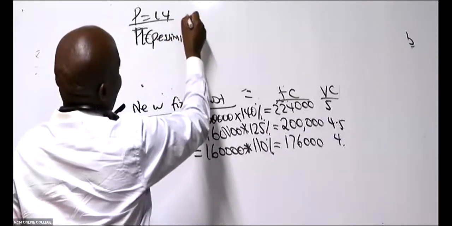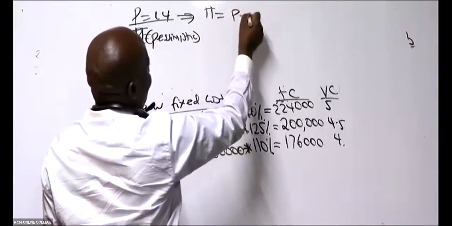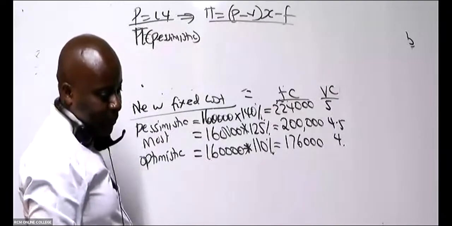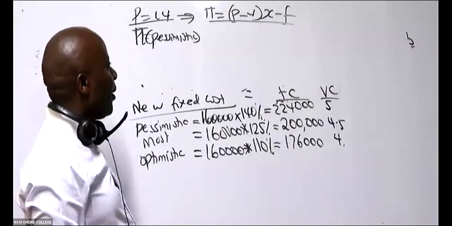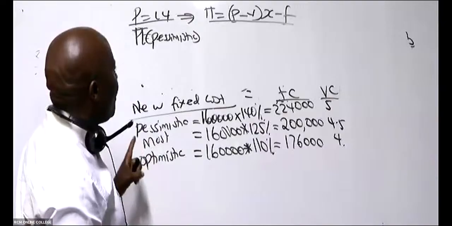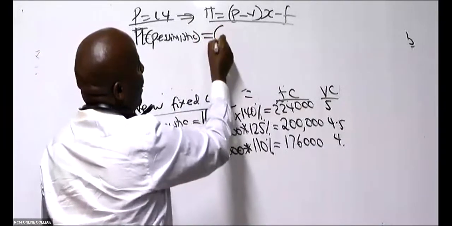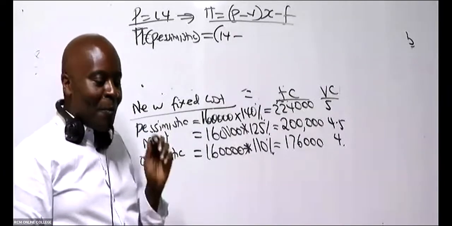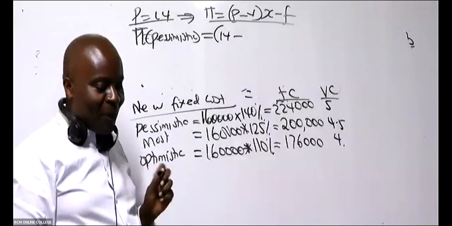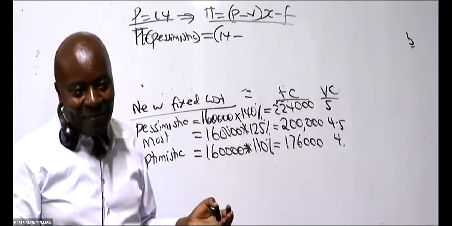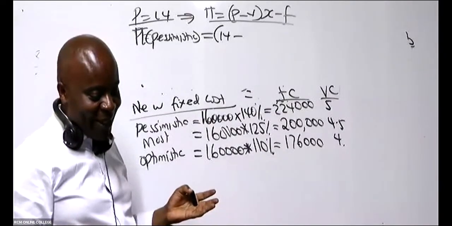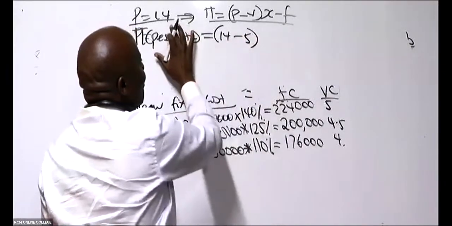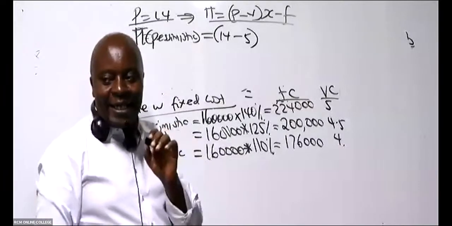Pessimistic. So we know that profit equals P minus V, like that. If we charge a price of 14, then the price here will be 14. Under pessimism, are you able to see the variable cost? Pessimism, what is the variable cost? 5. Under pessimism, at the price of 14, are you able to see the quantity?